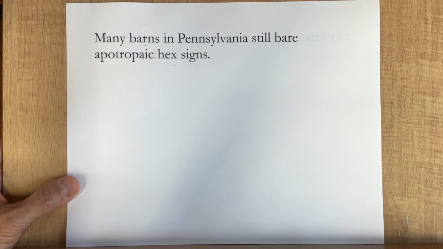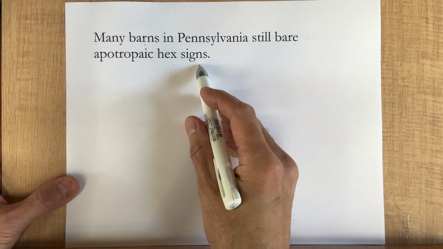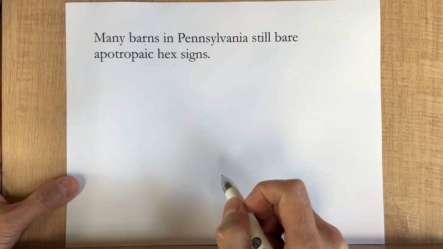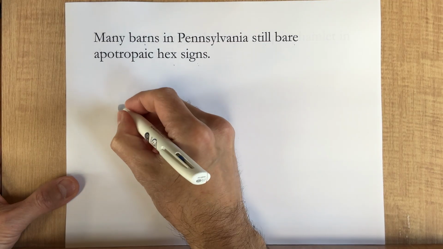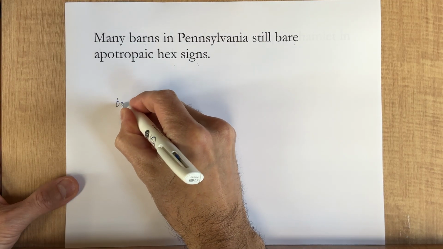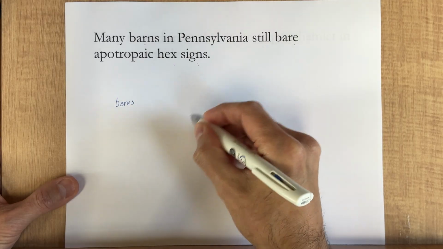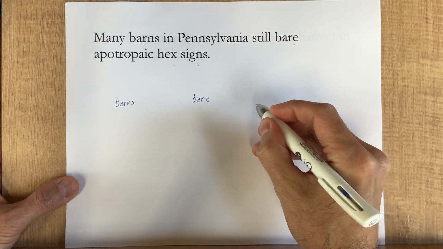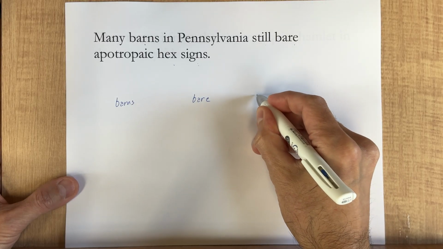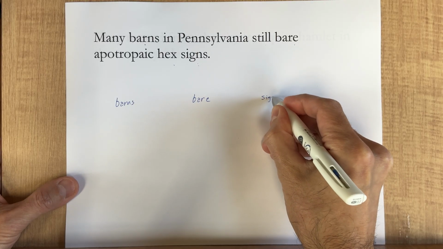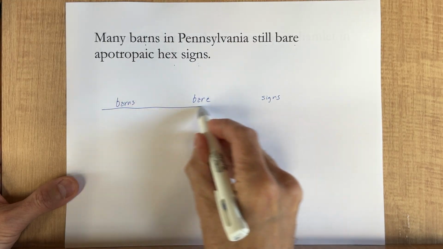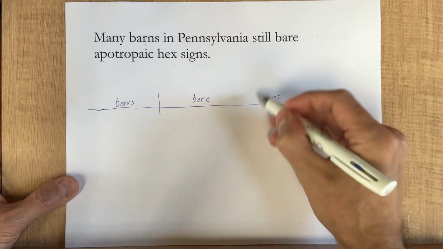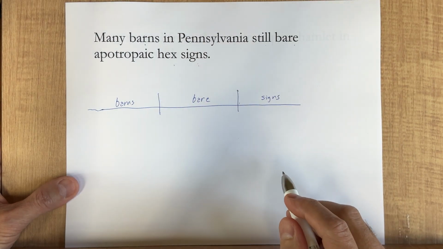I would say signs, because many of these barns, they bear these types of signs. So let's put barns here. Let's put bear here. That's our verb. And let's put signs here. Draw our little baseline. So we have that. And our little dividers. All right.